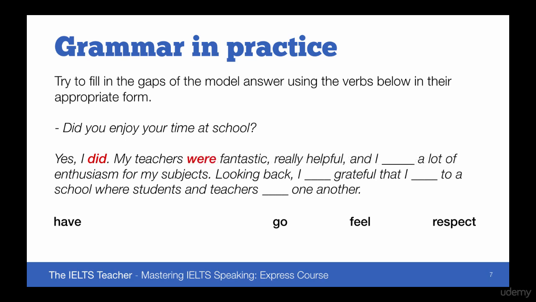So we're using the be verb in the past form for a plural subject, so we have it as were. My teachers were fantastic, really helpful, and I had. So we're moving have to the past. Everything here is in the past because we're talking about school and the question is in the past. And I had a lot of enthusiasm for my subjects.